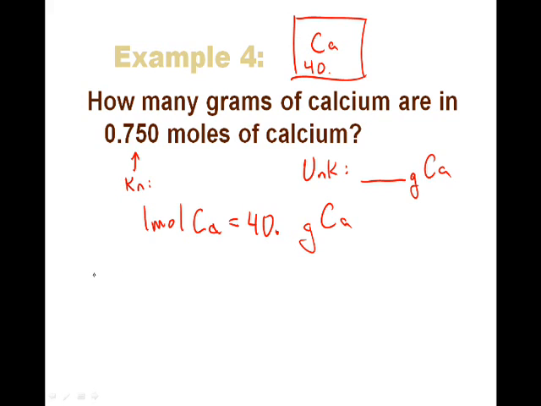Okay, so that's our conversion factor. So we're going to use 0.750. This is what we're starting with, 0.750 moles of calcium. And my producer assistant here just brought me a periodic table. Yeah, 40.08 if we round that. So that's perfect. Thank you, producer.